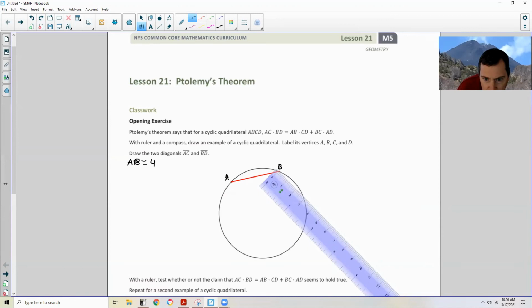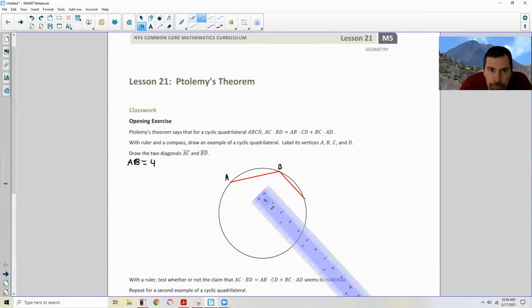It'd be so much easier on a piece of paper, but for the video purpose, I'm doing it here. I will make this side 3. So then if I draw B, C to here, a distance of 3, then C is right here, and it is length 3.